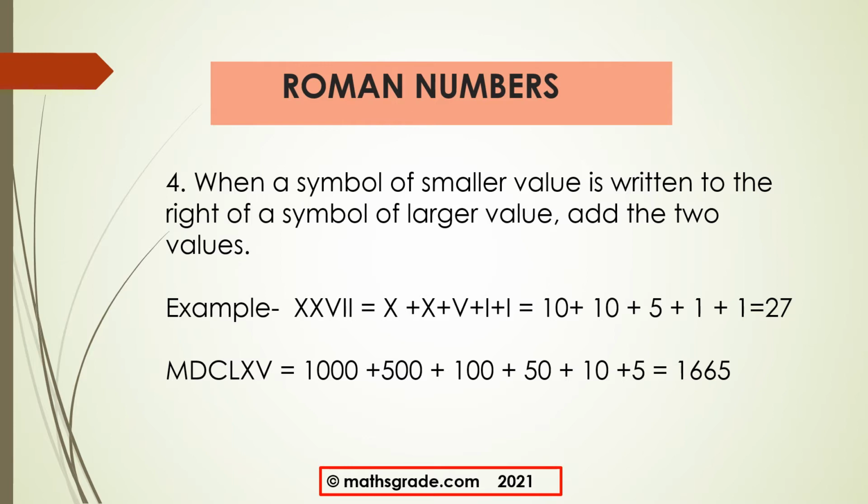So V is written to the right side of the Roman number X. So we have to add the values.